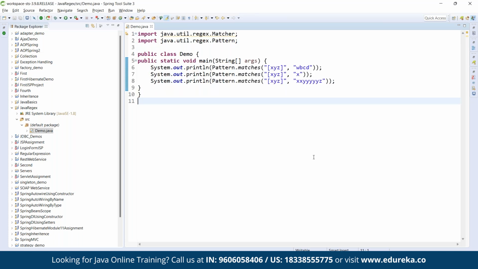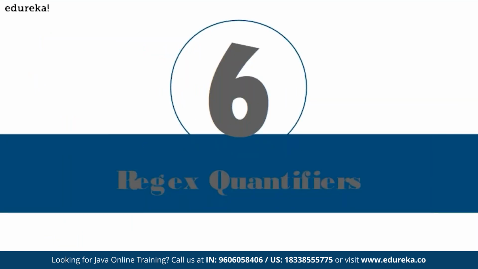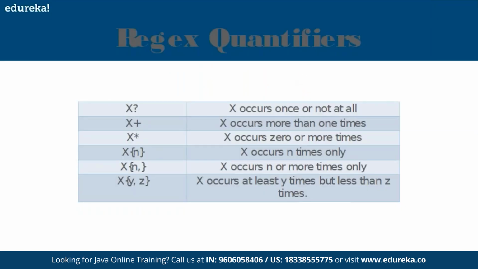Now we are going to understand the quantifiers. What are regular expression quantifiers? The quantifiers specify the number of occurrences of a character. That is where we provide those details. X question mark means X occurs once or not at all.